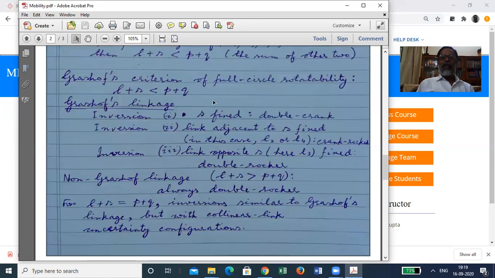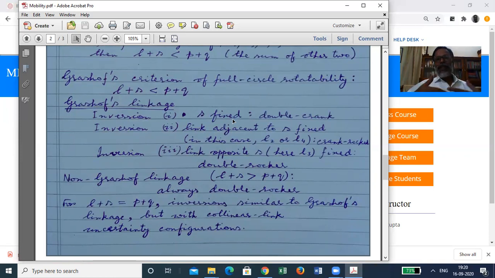So the dyad might get a configuration like this, a configuration like this, up and down, say elbow up and elbow down. Okay. But if the angle at the elbow is 180°, then the up and down merge into the same thing. And then as you cross over, okay, so crossover mechanism, crossover linkage.